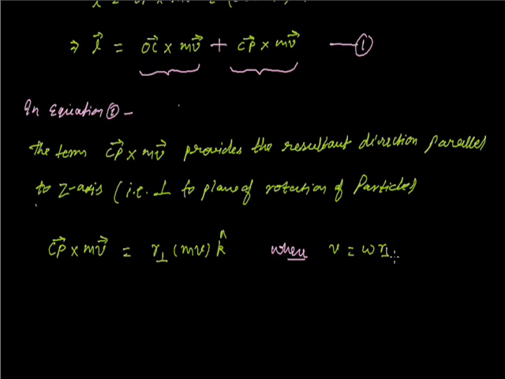The R perpendicular is the straight distance of the particle P in its plane from the point C that we have shown in the figure by R1. So the relation can be rewritten as Cp cross mv equals m R perpendicular square omega k cap.